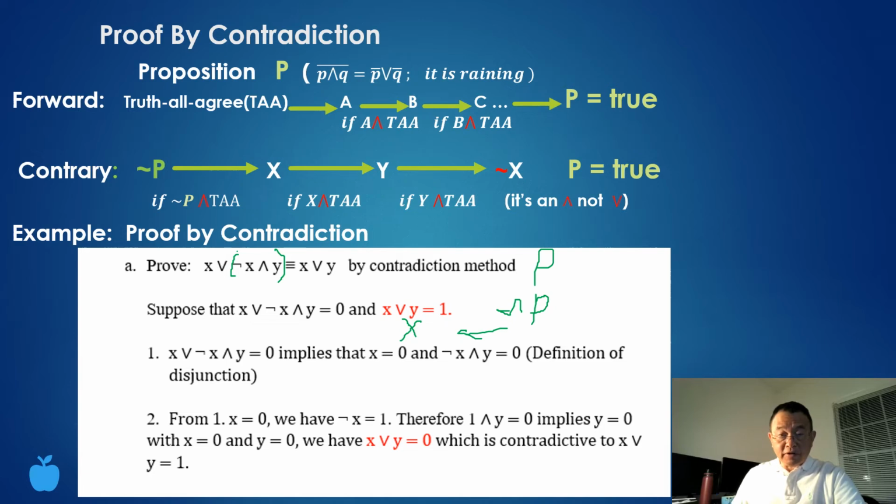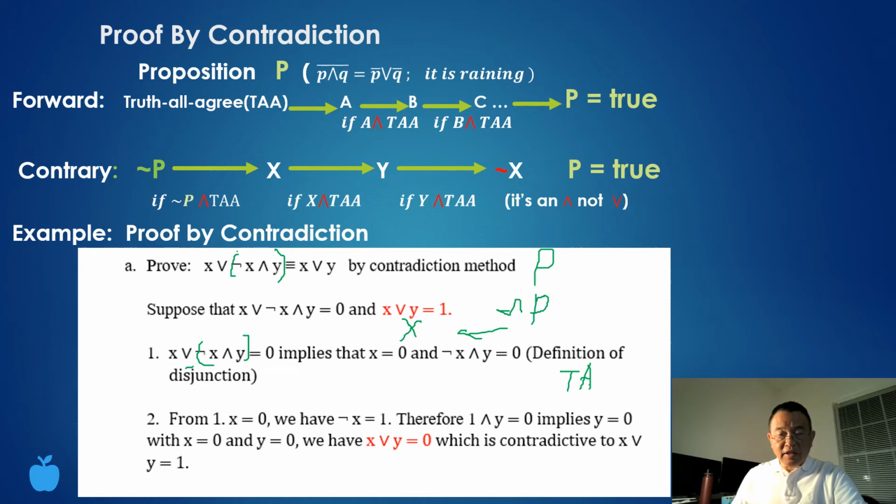From the first step, since the left-hand side is 0, this implies that X is 0 and the other term is 0. That's from the definition of OR: if an OR is 0, both sides are 0. And this we count as a truth that we all agree on.